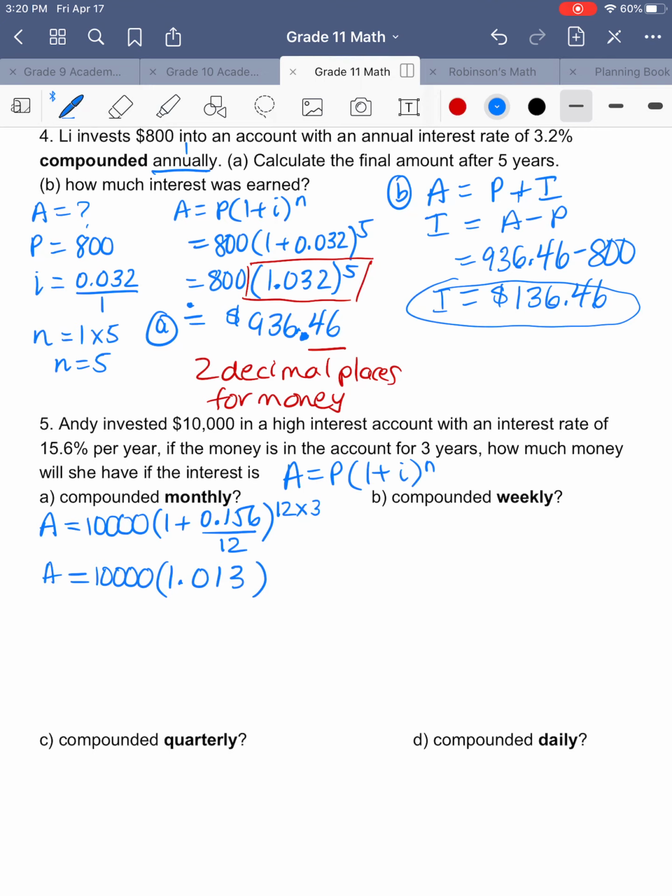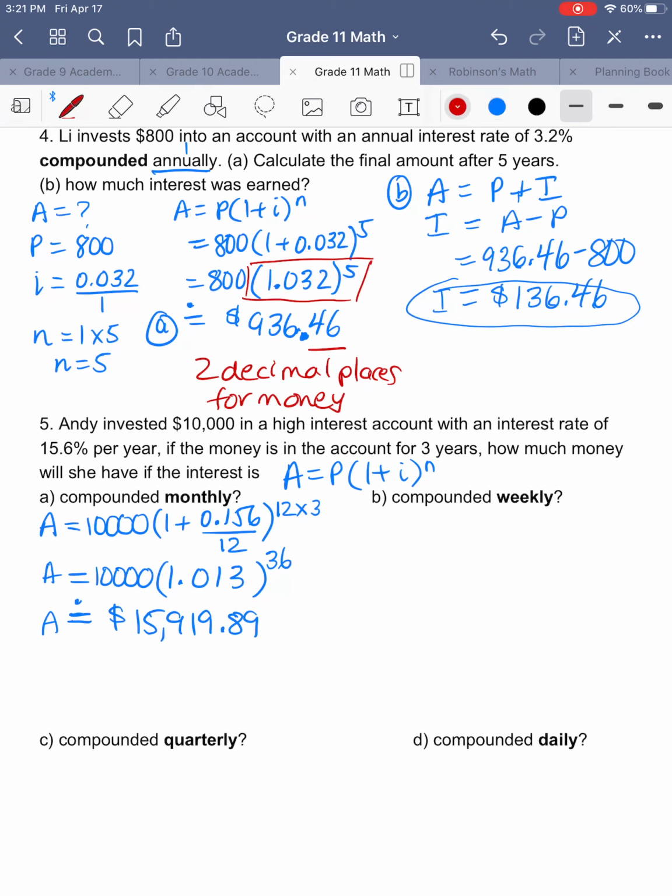And then 12 times 3, that gives us 36. So here you should be able to put it all into your calculator, and you will get approximately, because we're going to round to 2 decimal places, $15,919.89. So we are going to do the same thing, compounding weekly, compounding quarterly, and compounding daily.